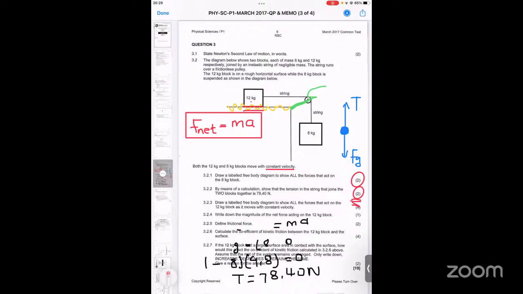Okay, so now we are moving on to the next question, which says, draw a labeled free body diagram to show all the forces that act on the 12 kg block as it moves with a constant velocity. Yes, there is a question, honorable members.